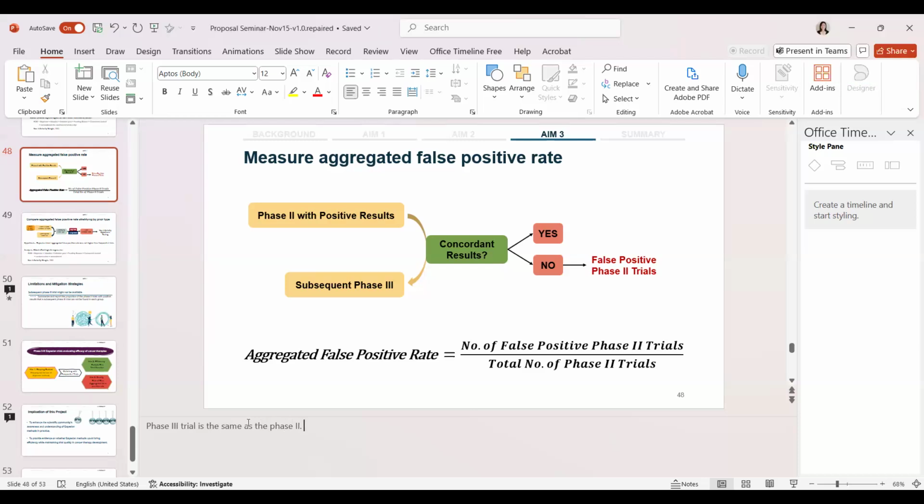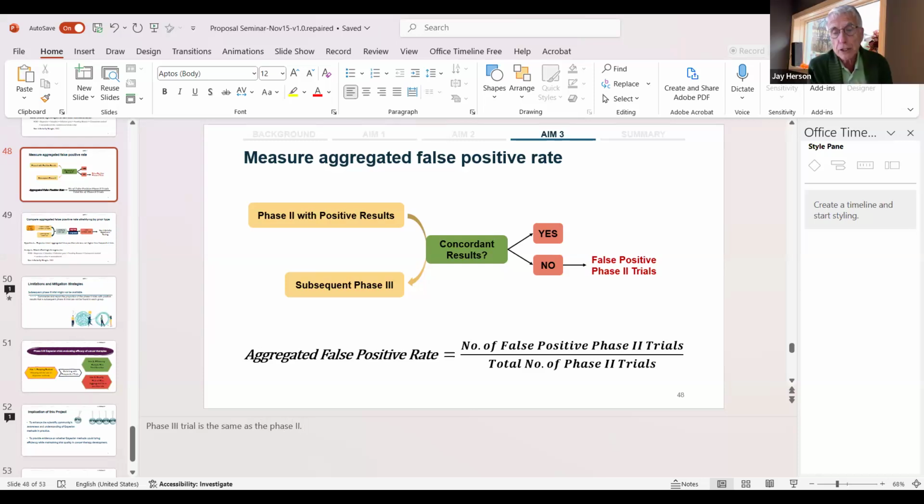I see. Because sometimes the endpoint will be different. Well, in oncology, very often in phase 2 we use the response rate, and then phase 3 would be progression-free survival or overall survival.